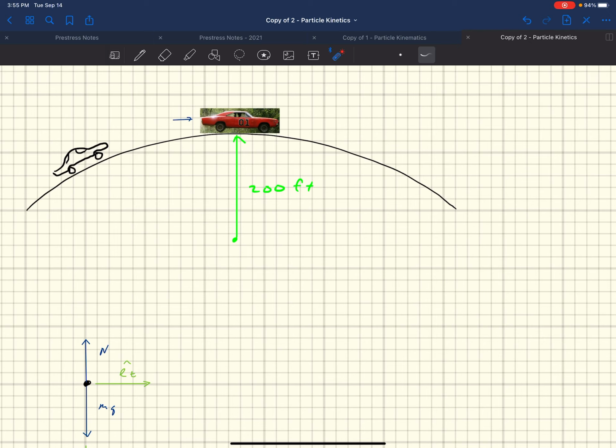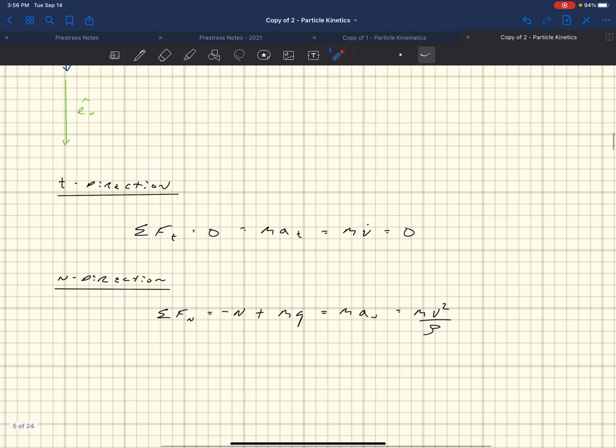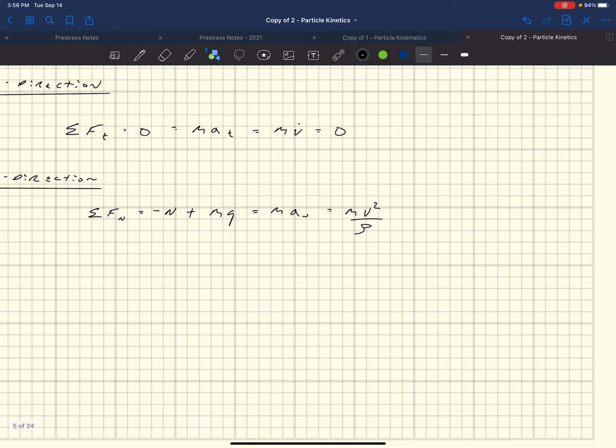Right before it launches, there's a value; right after it launches, it cannot be held down. And so right at the cusp of the thing jumping is when that normal force is equal to zero.